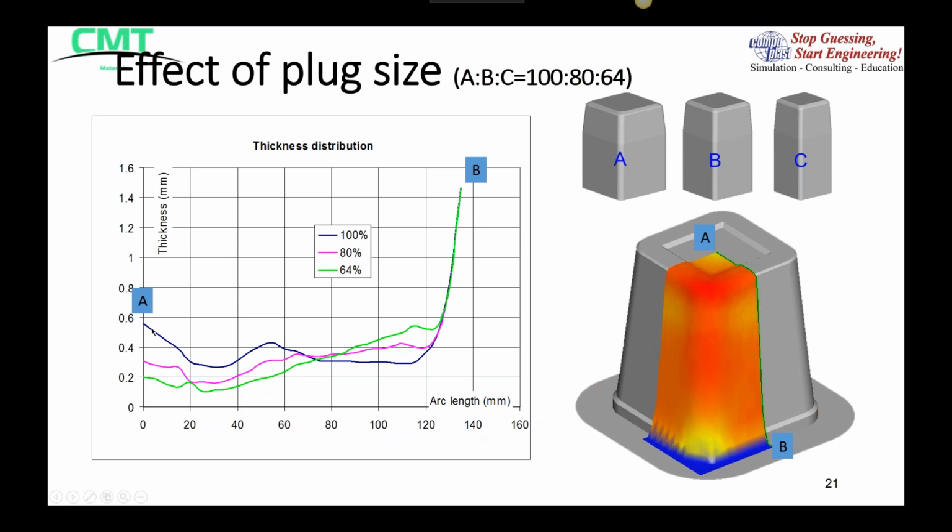You can see the difference in thickness distribution that you're achieving with the different plug sizes. Now this can get even more elaborate, as I'll show in the next slide, in terms of what plug shape, what radius, in terms of optimizing the distribution of the material for your part in the way that you want it.